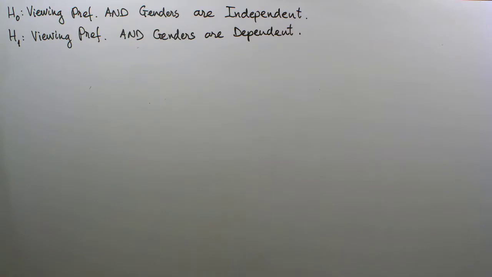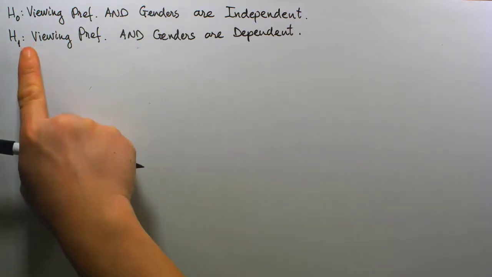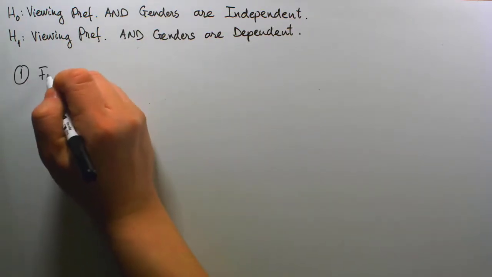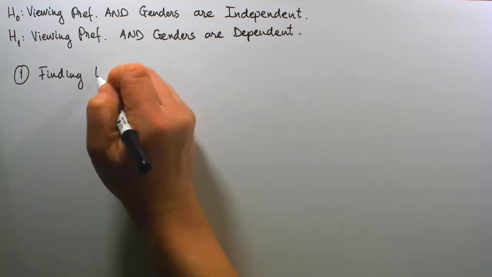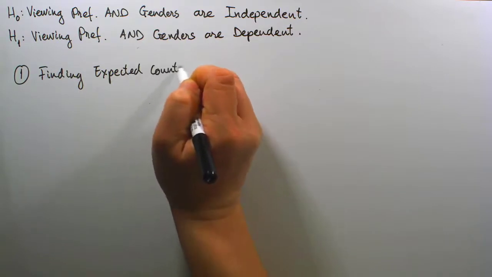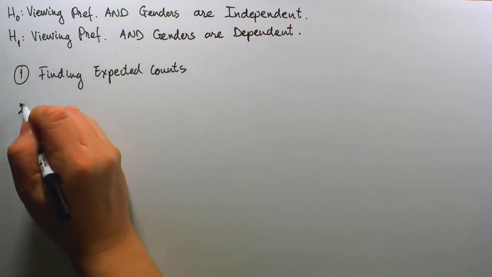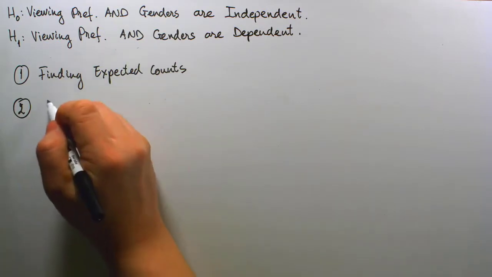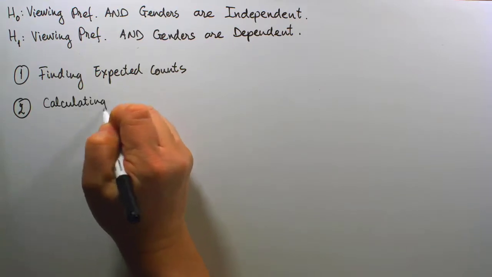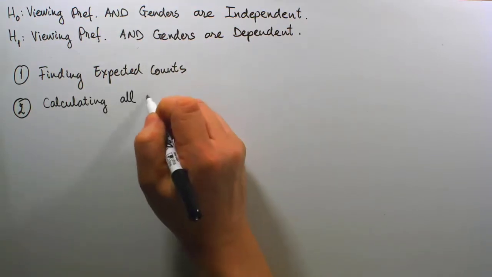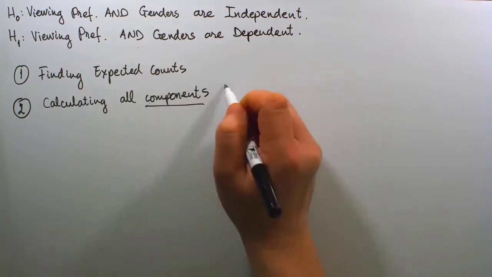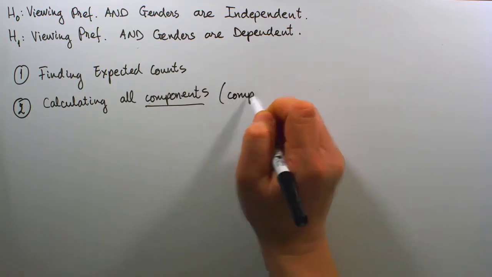And so as far as the steps to test our hypothesis here, after step 1, finding the expected counts, we have gone through the second step just now by calculating all components, or a lot of times I call these the component values.